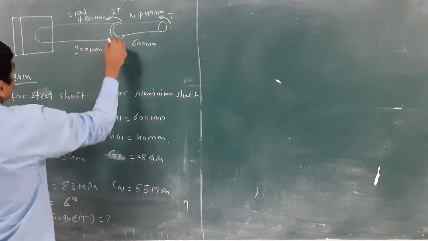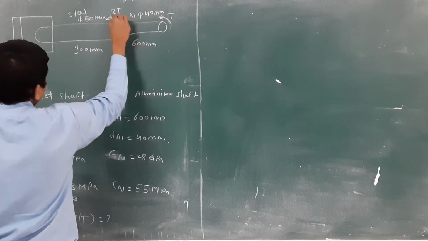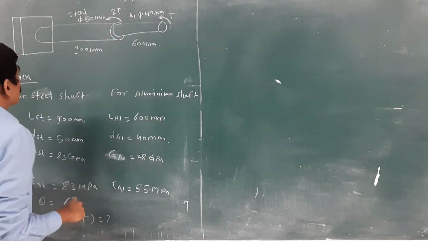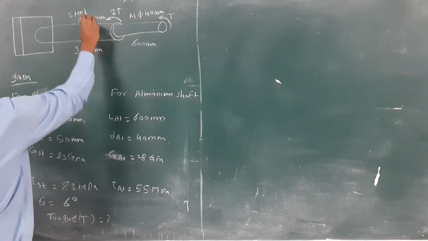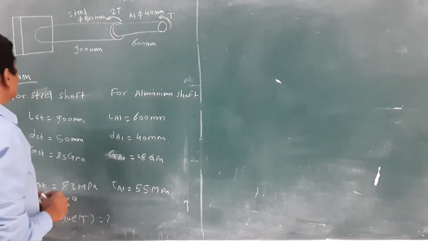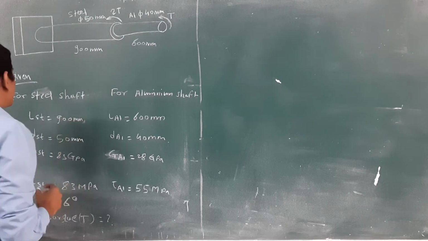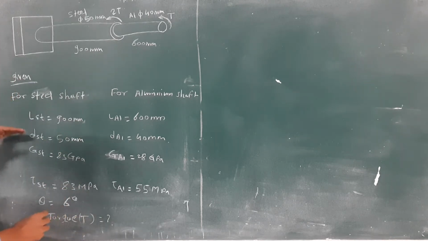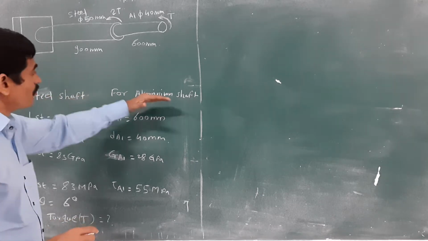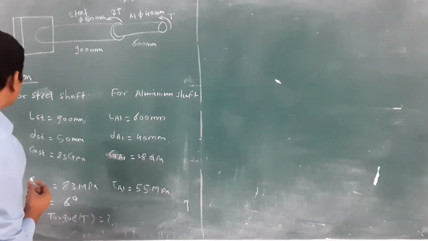See here, the torque is acting in the anti-clockwise direction, and its value is given as 2T. This shaft is made of steel, and the diameter is 50 mm and the length is 900 mm. I have segregated these values for the steel shaft and for the aluminium shaft.